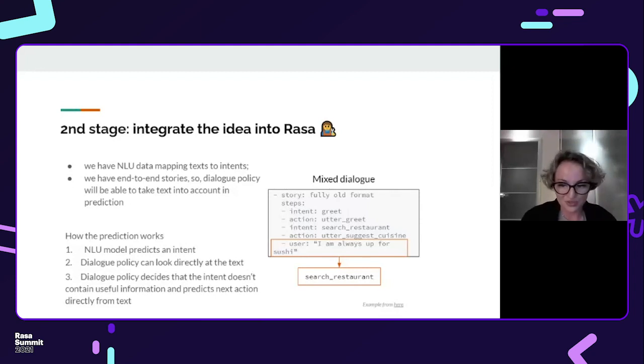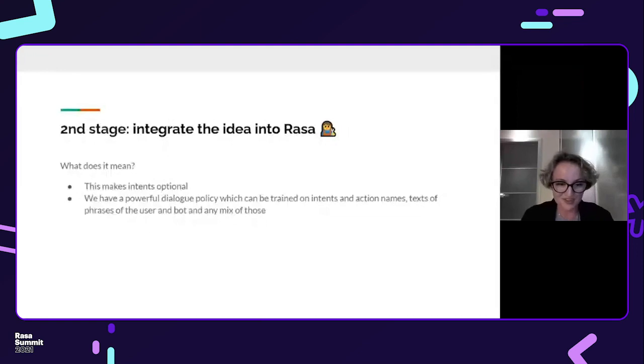What do we get with having this model or this process? The first thing that we get is that we make intents optional. You don't have to assign every single user utterance that your model encounters to an intent you've predefined.